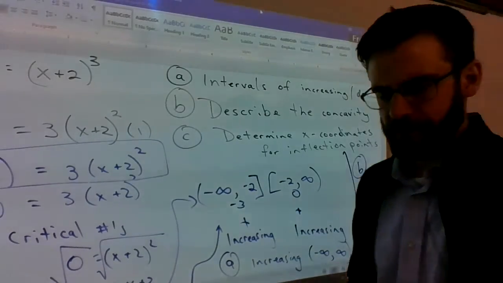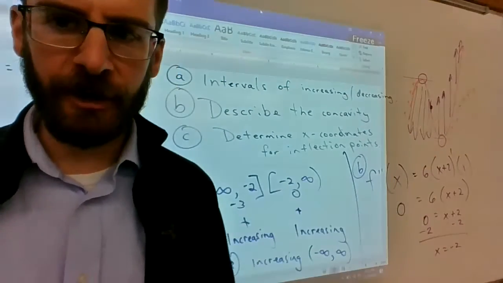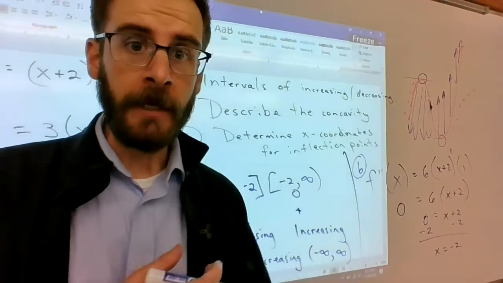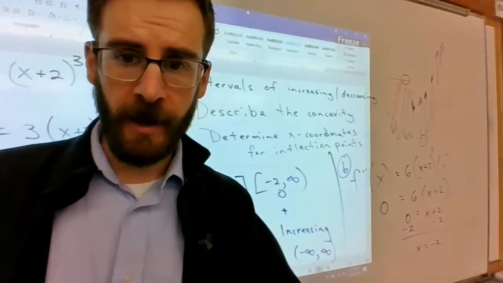And this is interesting. The place at which concavity occurs is the same place at which we test for intervals of increasing and decreasing. So we set up the intervals one more time.